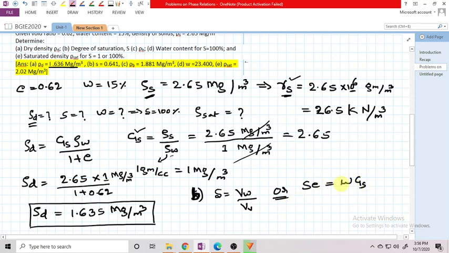This is more convenient because we know all the parameters except degree of saturation. So S equal to, the water content is 15%, so 0.15 into specific gravity 2.65, divided by the void ratio 0.62.